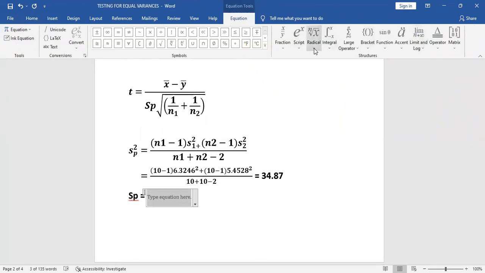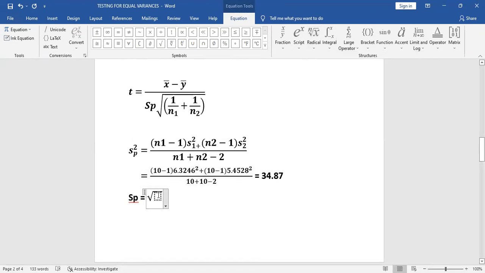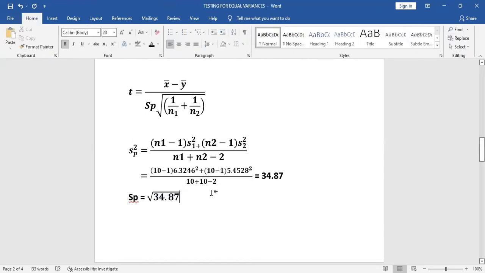It's quite a complex computation, but you just need to master it. There we go. The square root of 34.87 is 5.90.